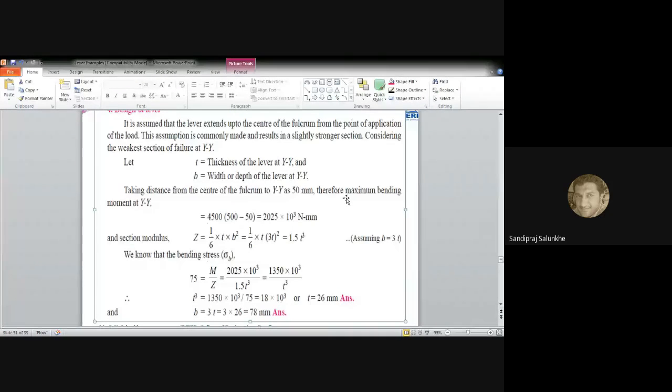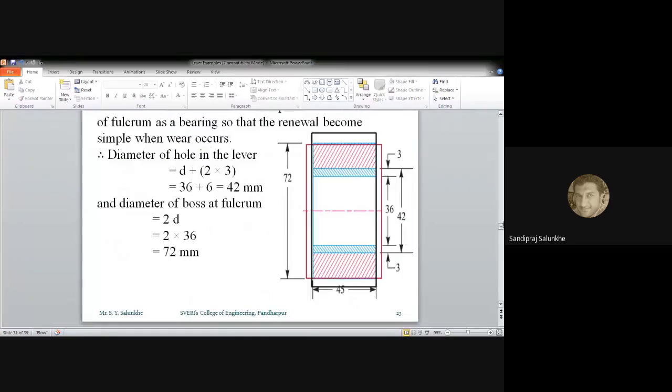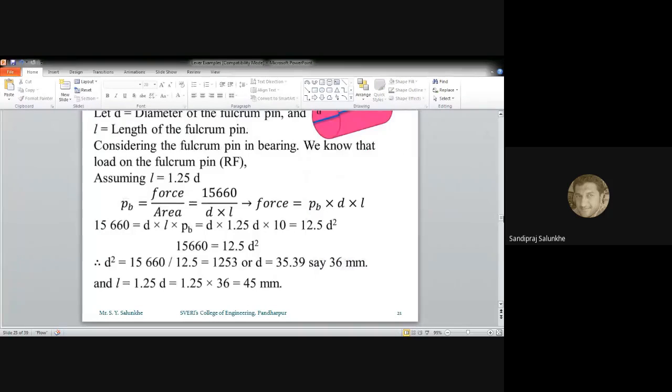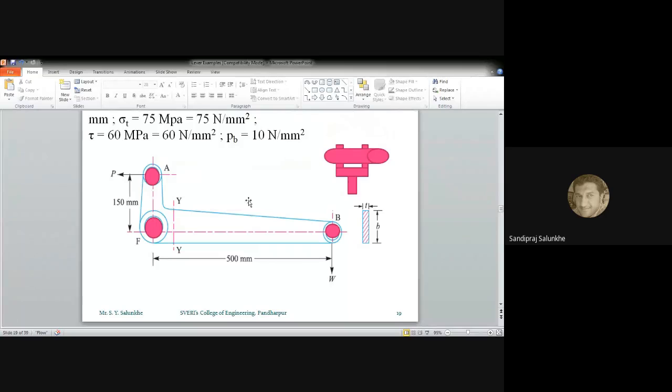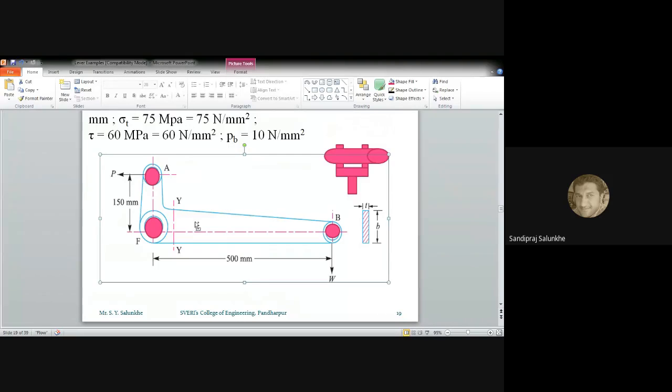Then we calculate the center distance from the fulcrum, that is the YY section, which we have taken as 50 millimeter. Therefore, the maximum bending moment will be at the center. Now I will copy this first image of the lever and put it here.